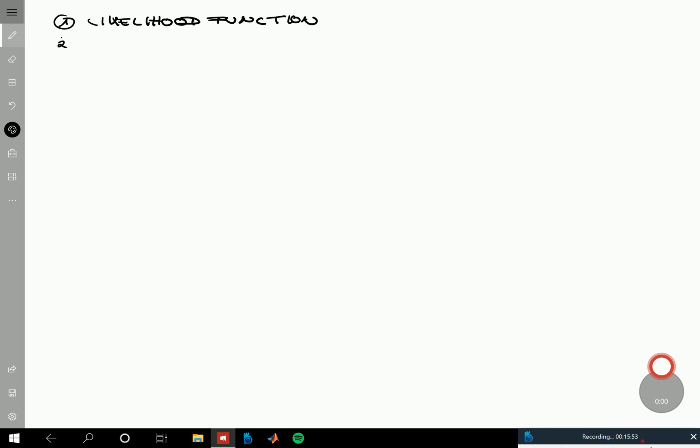Then we need to know what a maximum likelihood estimate is. And then we need to know how to find them.